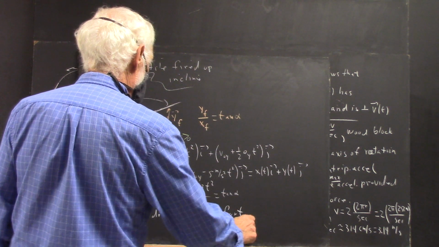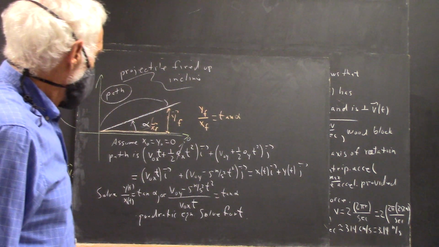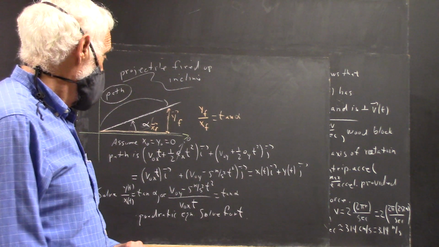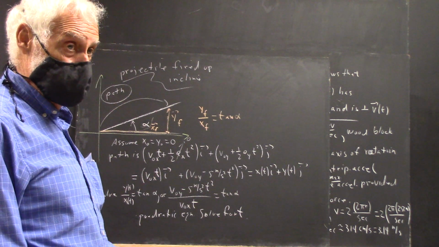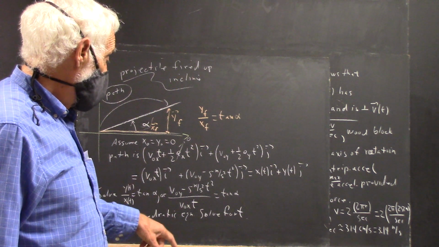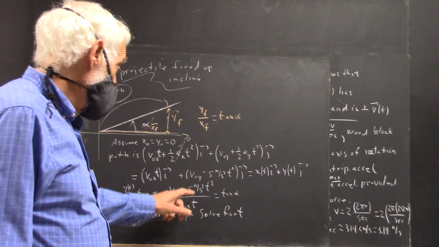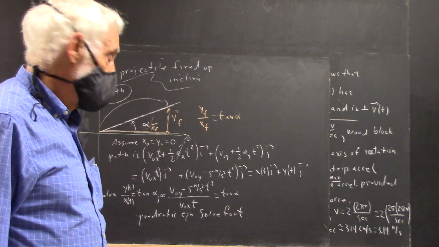Now, in terms of what you've done, this should be obvious. Okay, this is a quadratic equation. We know v naught y, v naught x. We know the acceleration. We can easily solve this for t.